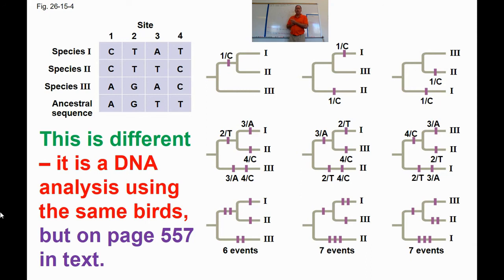And species 1 and 3 have 3 differences out of 4. And species 2 and 3 have 3 differences out of 4. So therefore, I would put 1 and 2 closer together in a phylogenetic tree. And that goes back to the most left-hand phylogenetic tree, or the first left column, where 1 and 2 are next to one another, and then 3. You can go through all this stuff. That's basically all they're doing there.